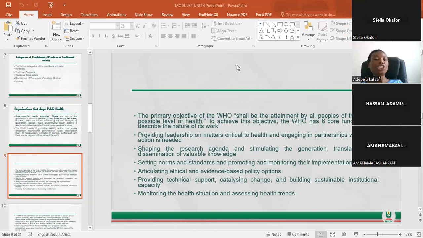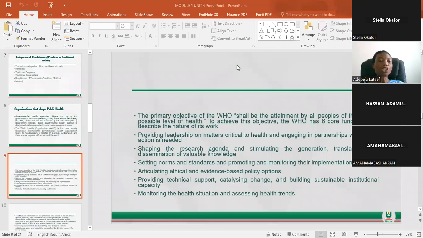They provide leadership on matters critical to health and engaging in partnership where joint action is needed. Take for instance, of recent, globally, we had a pandemic of COVID-19.